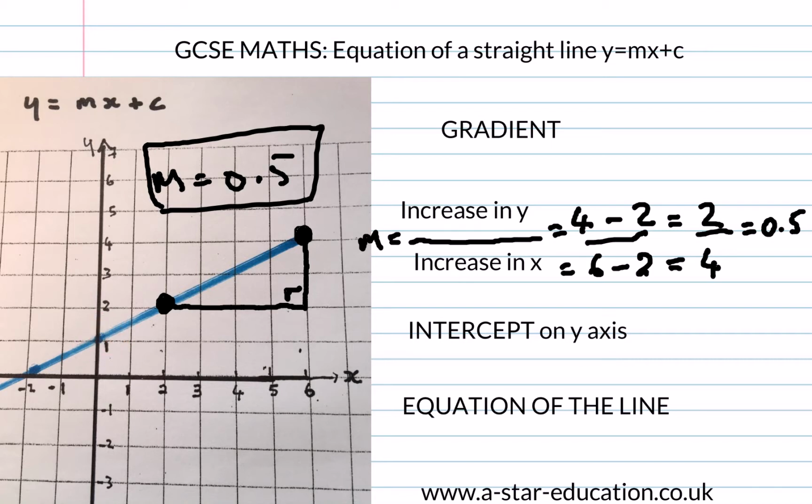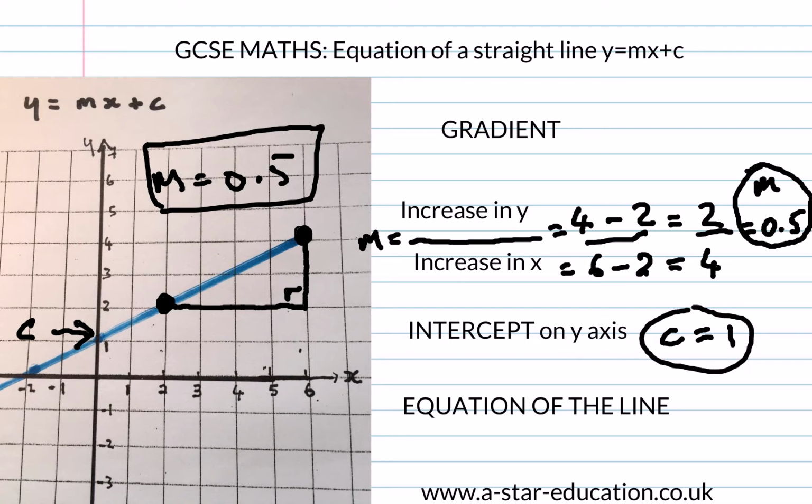So this is the value of c. That's easy. We just write that down. So c is equal to 1, and previously we had that m is equal to 0.5. So there's everything that we need to know in order to form the equation of the straight line.